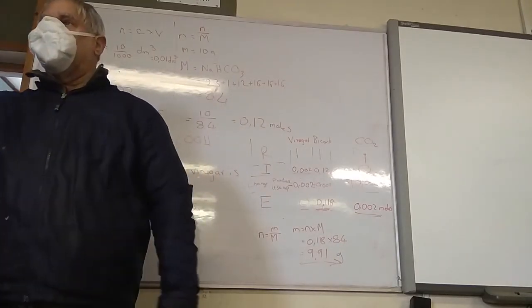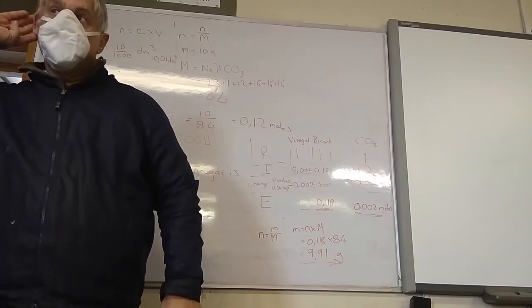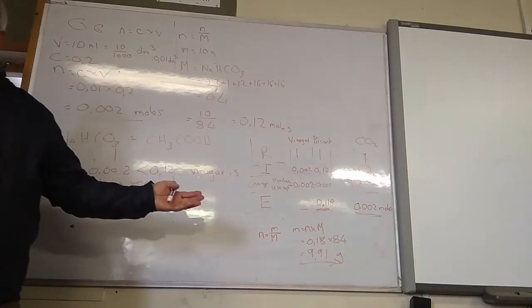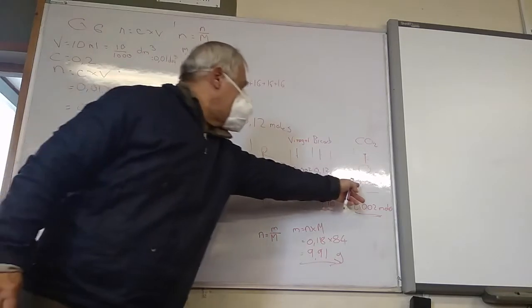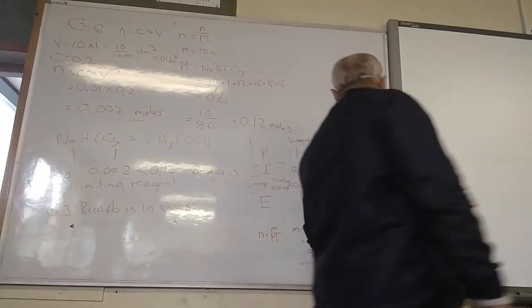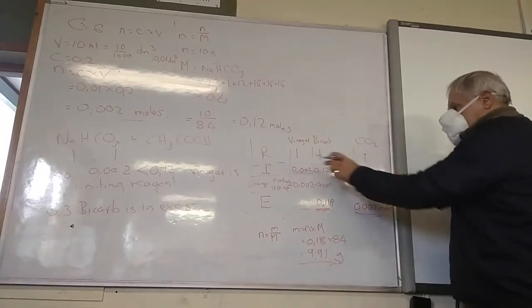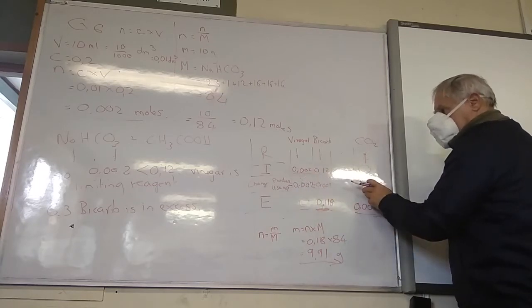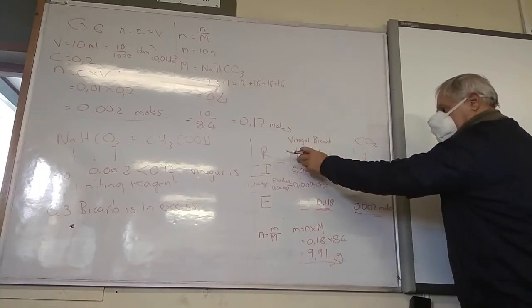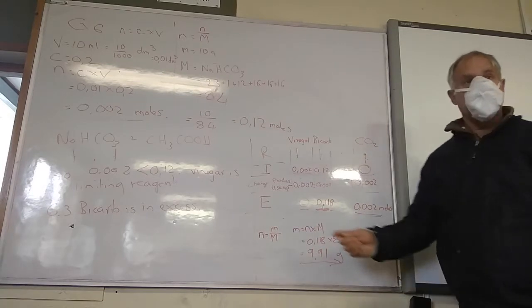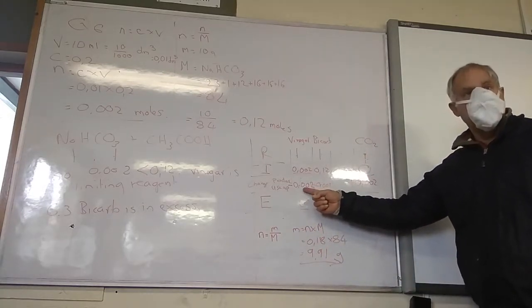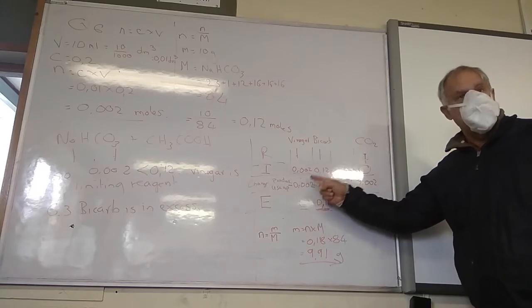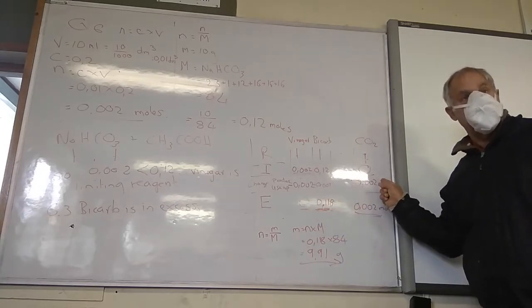So can you explain this one? Okay. So the ratios in this column must be the same as the ratios in that column. So once you've worked out your limiting reagent, that's going to determine how much of that is used up, and that is produced.